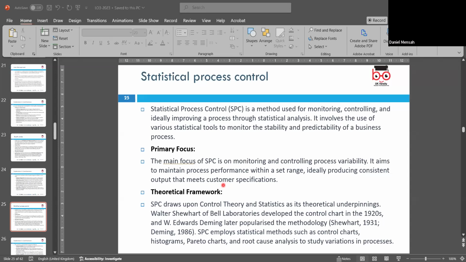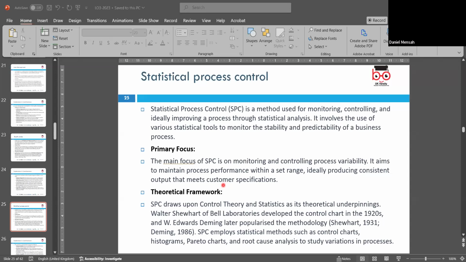So it tries to eliminate unwanted process variation, and it tries to keep your processes stable and predictable, which definitely ultimately leads toward consistent quality and efficiency. This approach uses statistical tools like control charts, histograms, and Pareto charts.